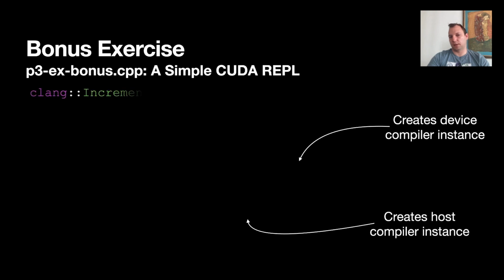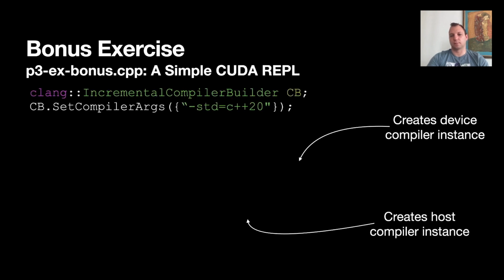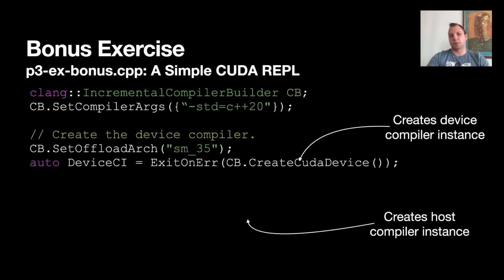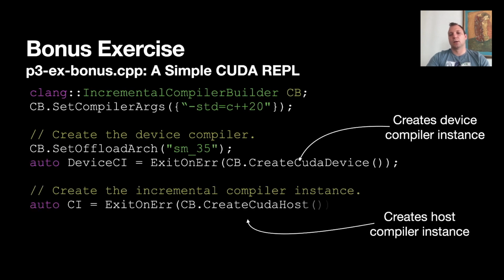The ones that have CUDA devices and are interested can download it and test it out. It's very similar to the way that we set up our interpreter. We again use the compiler builder, and a way of creating the incremental compiler, but here we want to say what the offload architecture is, in that case SM 35.